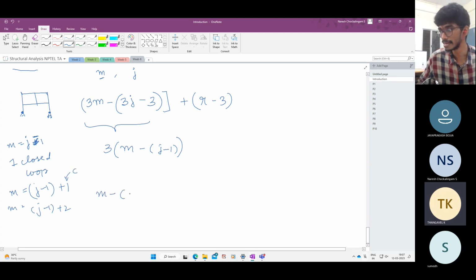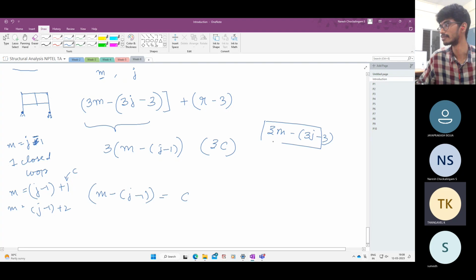So you can write m minus j minus 1 as equal to the number of closed loops. If there is one loop, there will be one member extra; if there are 2 loops, there will be 2 members extra in addition to the equilibrium equations. So that is how I got this 3c. What you said is also fine. You can also do 3m minus 3j minus 3. So both are fine. Is that convincing?